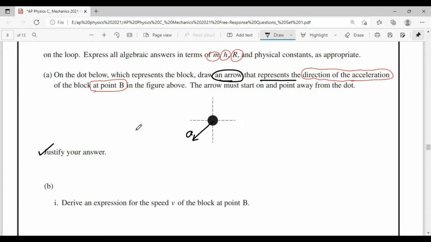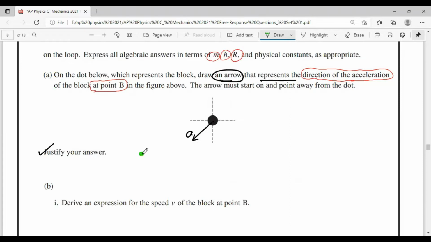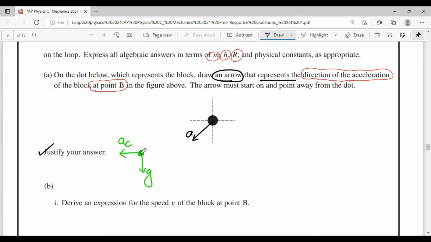And justify your answer. To justify, we can write there will be an acceleration pointing downward, that is g, and there will be the centripetal acceleration pointing left side. So the vector addition of these two accelerations will give the net acceleration in this direction.